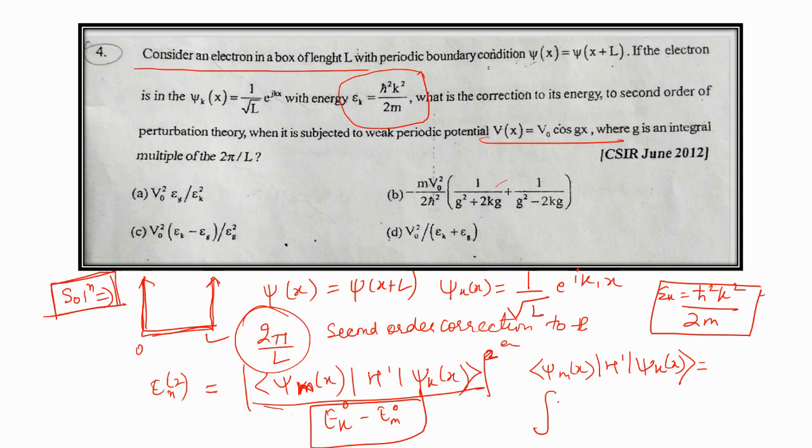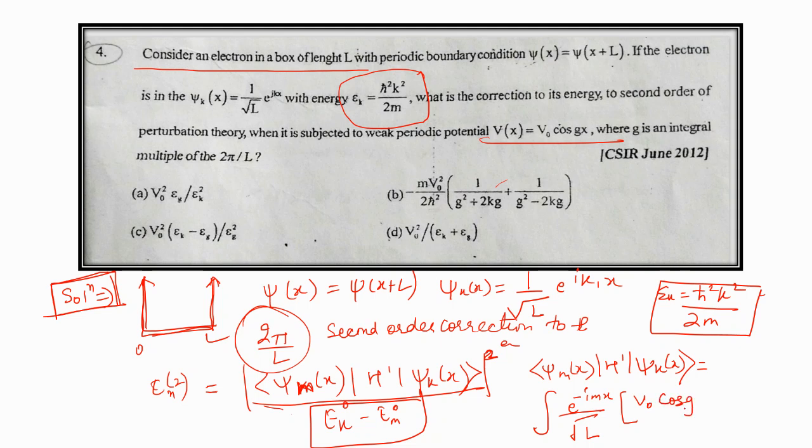Then you will get psi is e raised to the power minus iota mx upon root L. H will be, e won't be there. There will be V because it is subjected to a weak periodic potential.